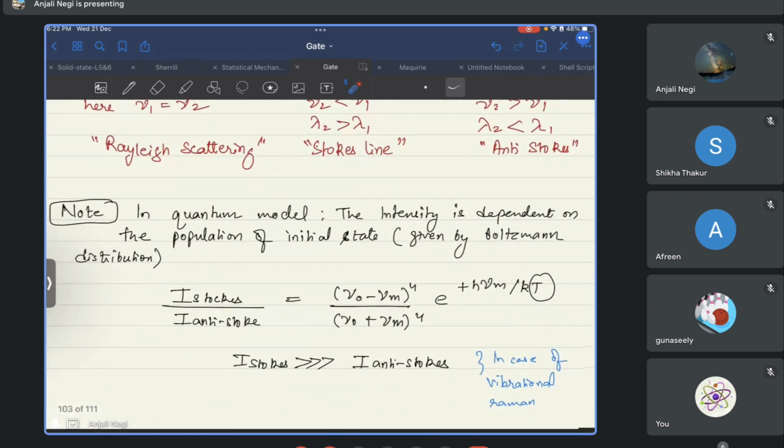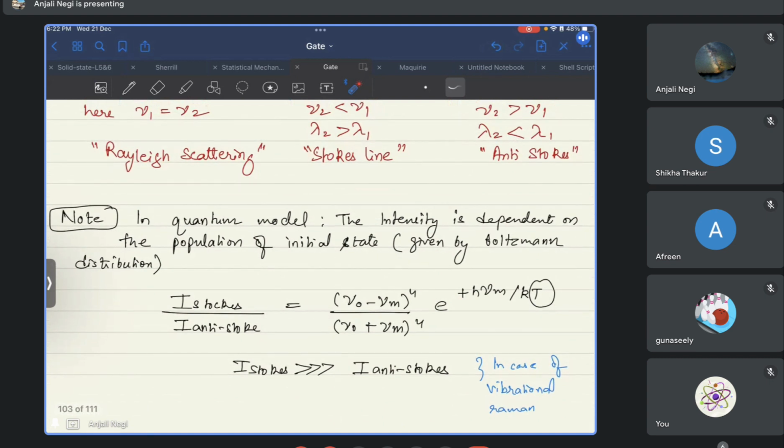So in the quantum model, when we say Raman spectroscopy, there is vibrational Raman spectroscopy and rotational Raman spectroscopy. In our problem, we are given rotational Raman spectroscopy. But in the case of vibrational Raman spectroscopy, the intensity of the Stokes line is always much greater than the intensity of the anti-Stokes line. Why?